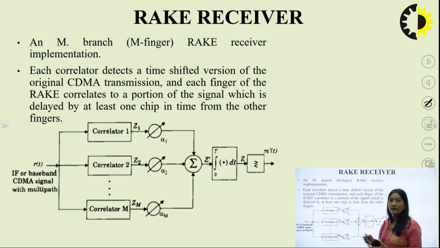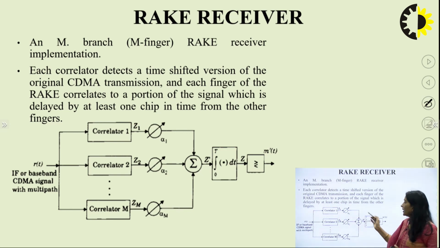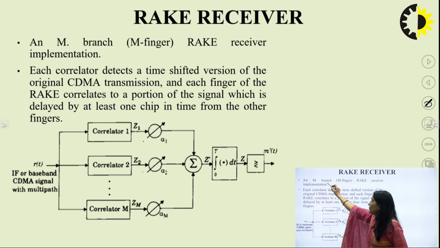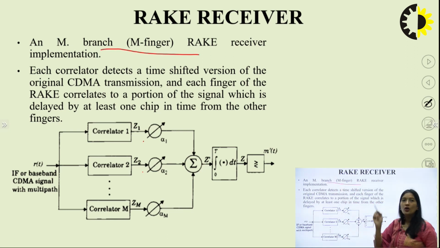Here we can see a block diagram of the RAKE receiver in which we have M fingers, 1, 2 up to M. So, it is also known as an M branch or M finger RAKE receiver.